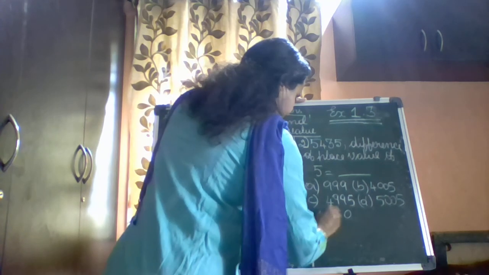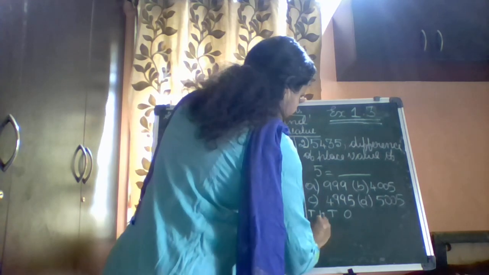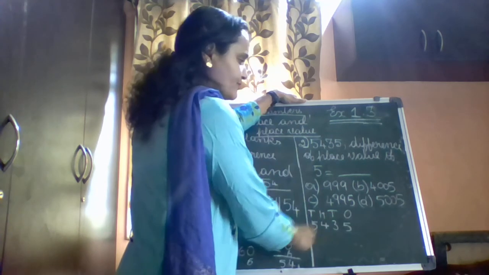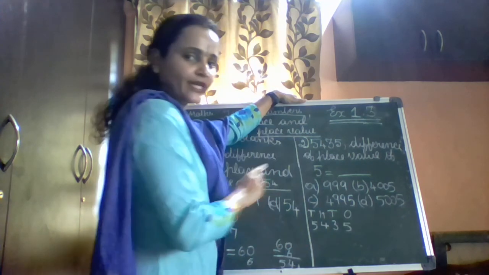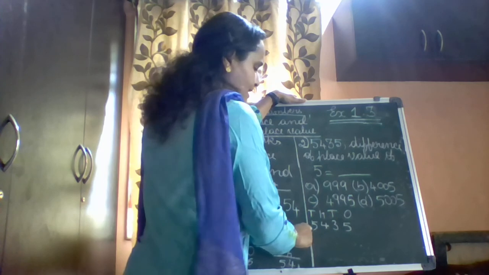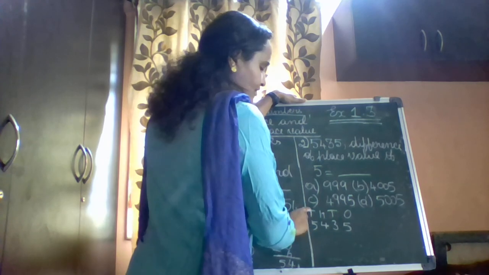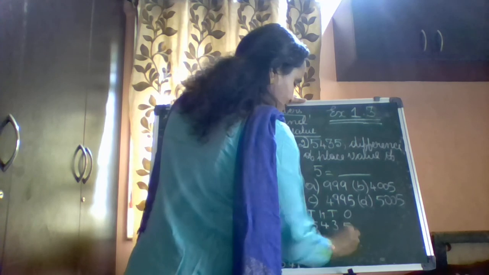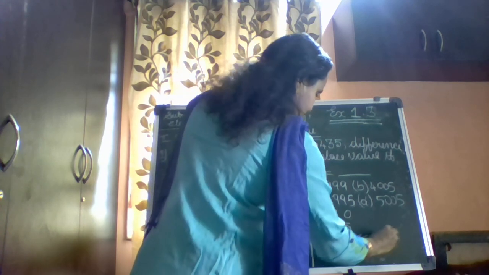Now write the place values of this number first. Ones, tens, hundreds, thousands: 5, 4, 3, 5. They are asking us to find the difference of 5. There are two 5s. So you have to take both the 5s. So the place value of this 5 will be 5 into 1000. Place value is equal to 5 into 1000. This is 5000.